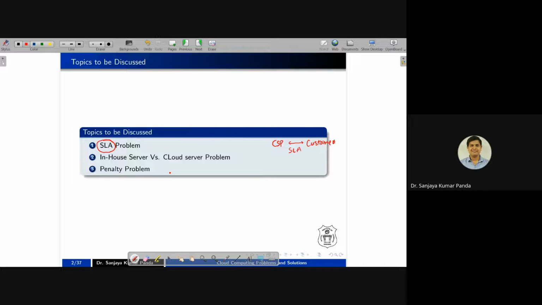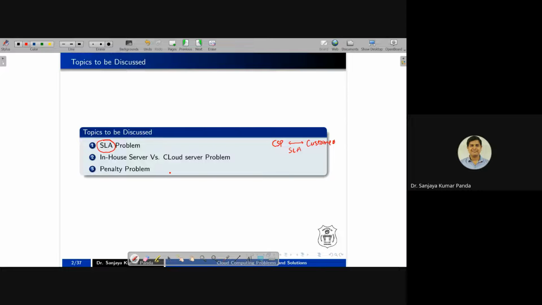So if there is any delay in the service provisioning, or if there are any terms and conditions violated by the cloud service provider, then customer can ask for service credit. So if anything is violated, CSP has to give service credit to the customer.